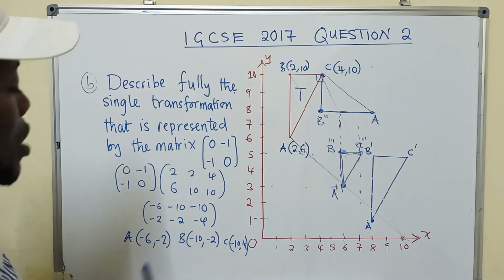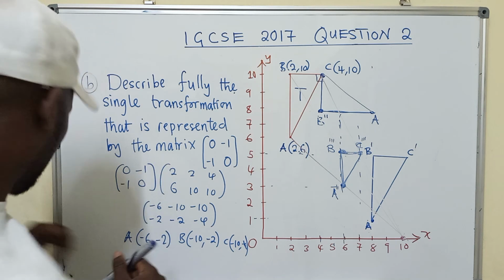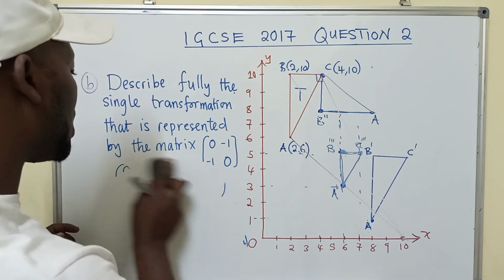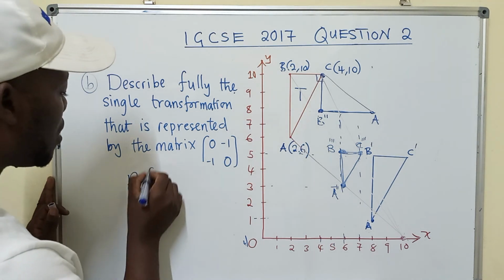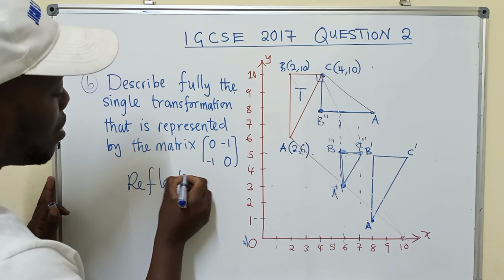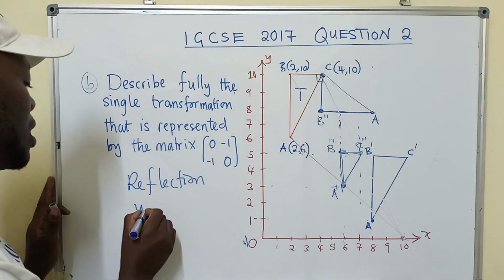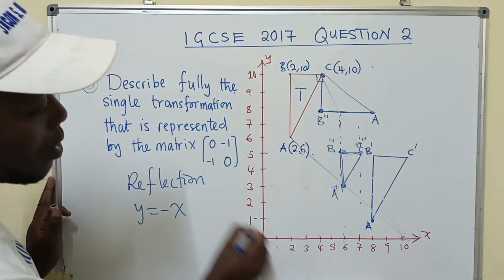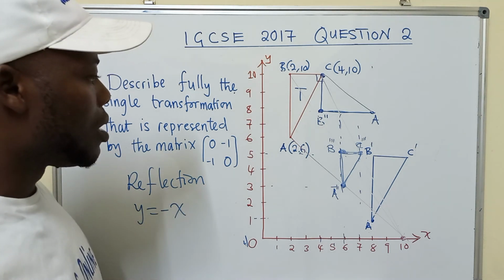This is where the image will be. So we can say this transformation will be called reflection, and the line of reflection will be y equals negative x. It will move like this. So it will be on the other side.